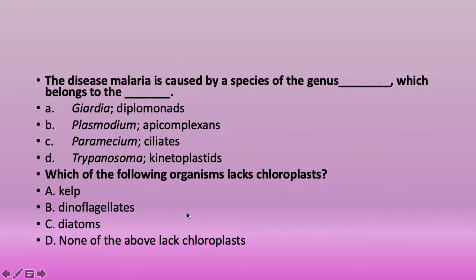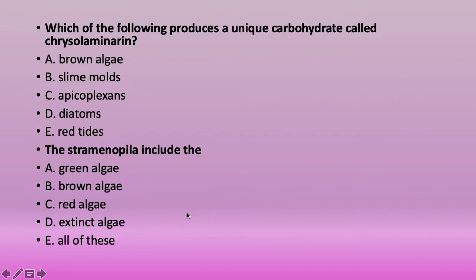They all have chloroplast. Final review slide. Which of the following produces a unique carbohydrate called chrysolaminarin? That would be D, diatoms. And finally, the Stramenopila include the... It is B, brown algae.